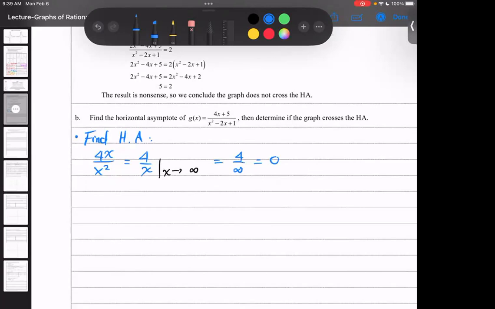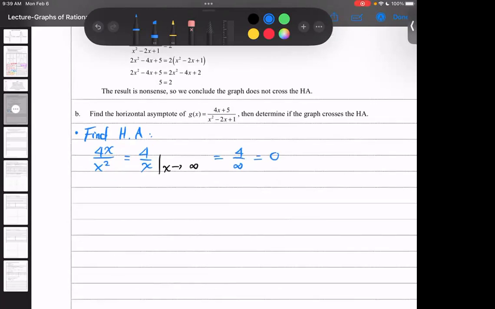All right. Once you found the horizontal asymptote, which here is y equals 0, right, that's your y. Then next step, you're going to determine whether the graph crossed the HA.